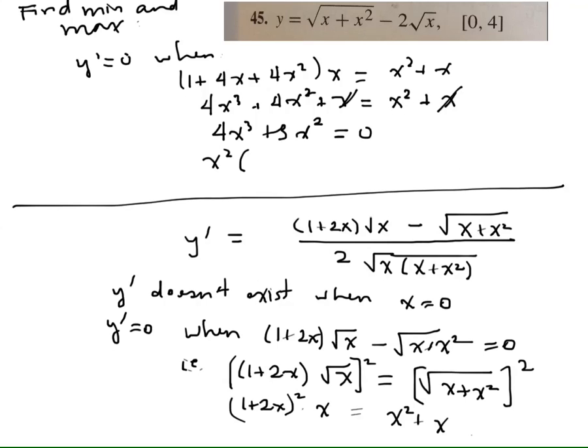Factor out an x squared from here. So we either get x equals 0 or x equals negative 3/4.